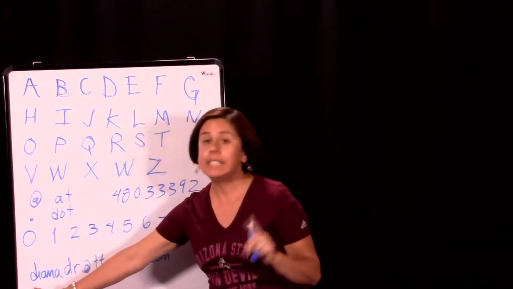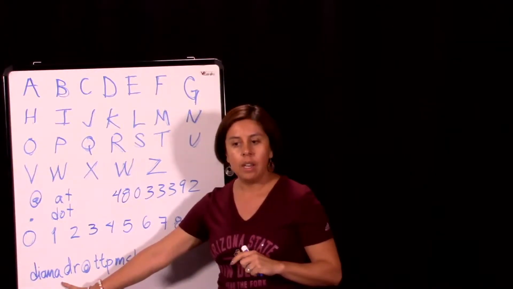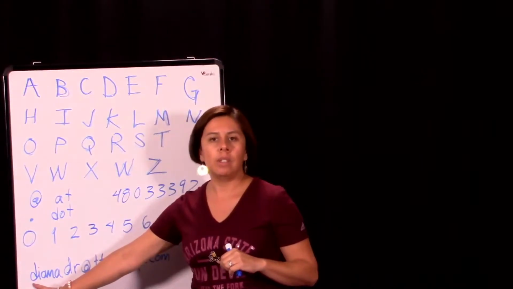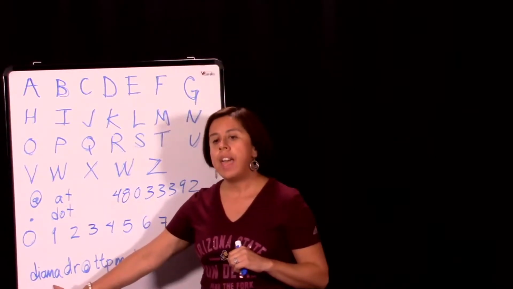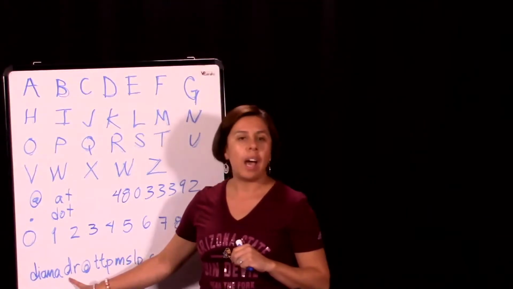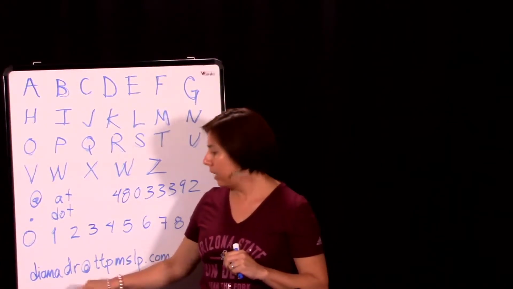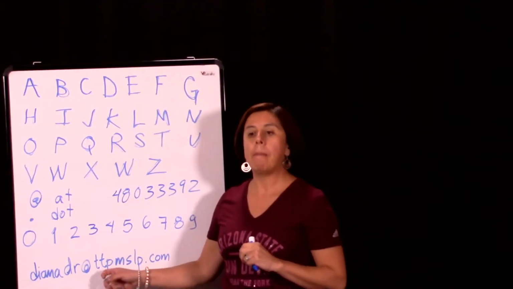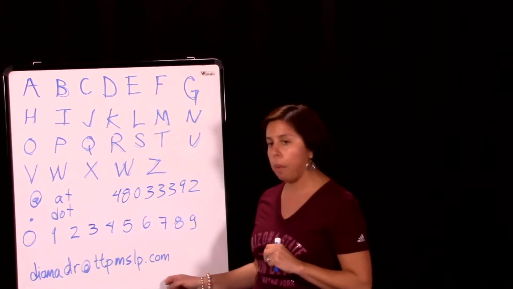Now, D-I-A-N-A. But if somebody doesn't understand what I'm saying, you have to say D as Diamond, I as England, A as Anna, N as Noon, A as Anna, D as Dollar, R as Rose, at ttpmslp.com.